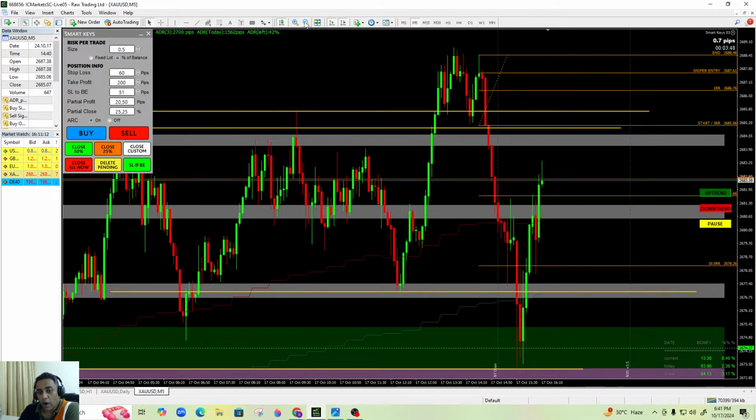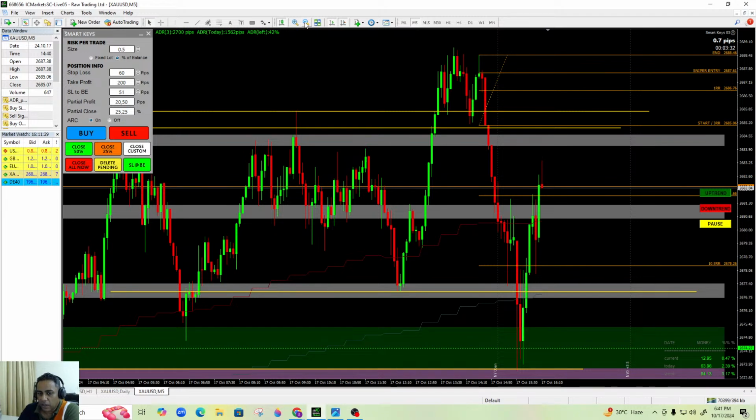And this is why I don't have any mobile app on my phone. MT4, MT5, cTrader. I don't have any of those apps on my phone because you can't do this kind of detailed analysis on a phone. And the way I trade, I need this detailed analysis to make a decision.